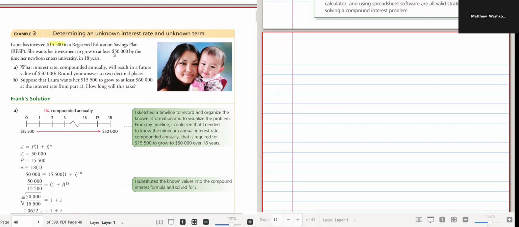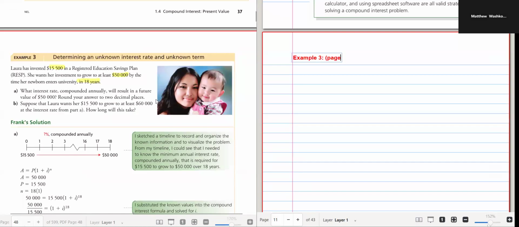She wants her investment to grow to at least $50,000 by the time her newborn enters university in 18 years. Okay, so for example 3 here, this is on page, I think, 38. Here's what we know. She invested, we have her present value, $15,500.